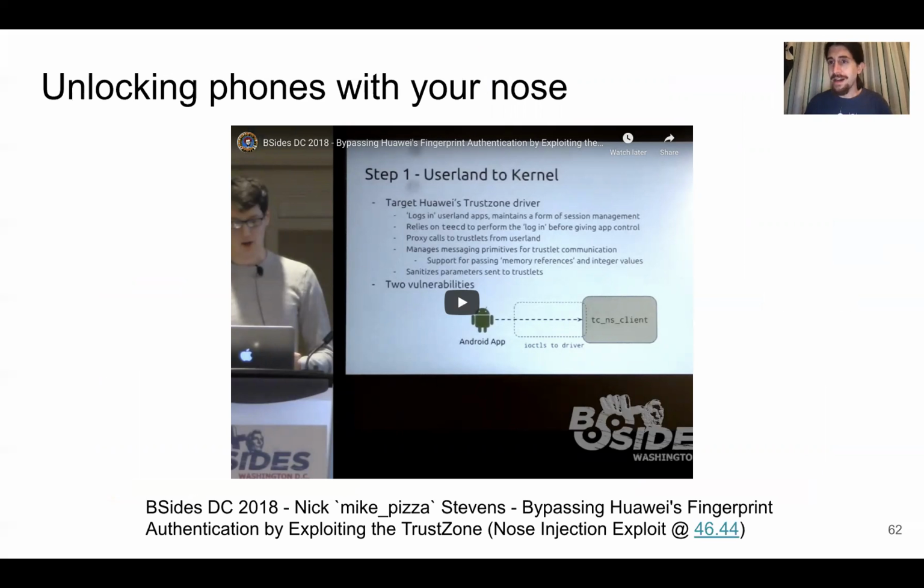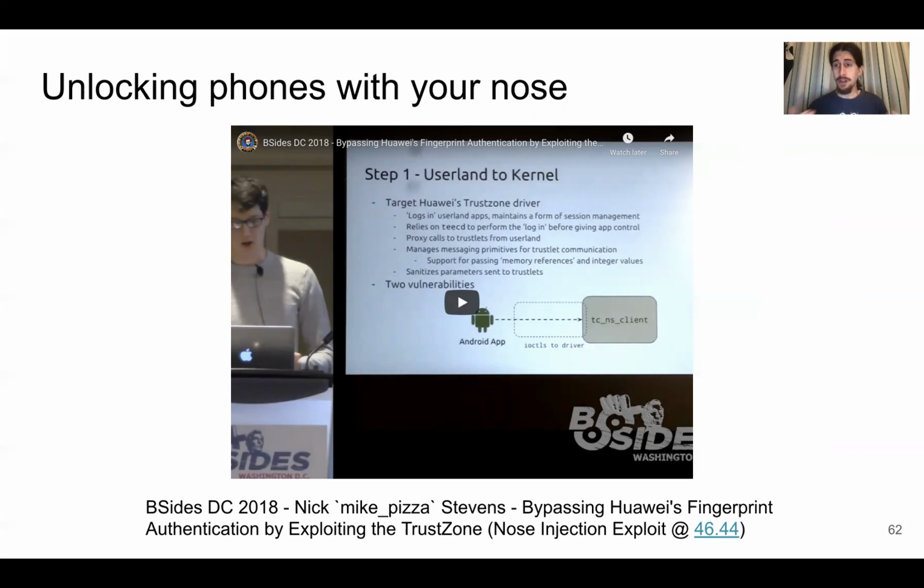It's actually quite funny because one of his targets for this exploitation was the fingerprint API, the fingerprint trusted application, which kicks in whenever you put the finger on the fingerprint sensor, and says, okay, this fingerprint is valid, please unlock the phone. So he tried to attack that one.